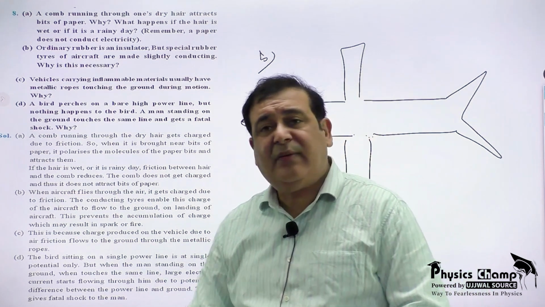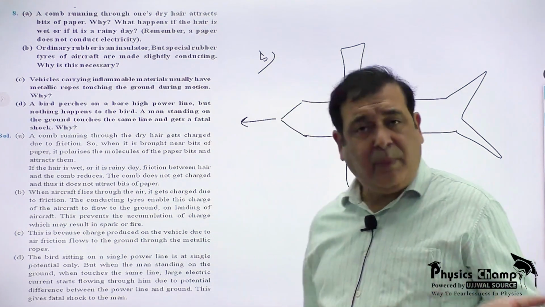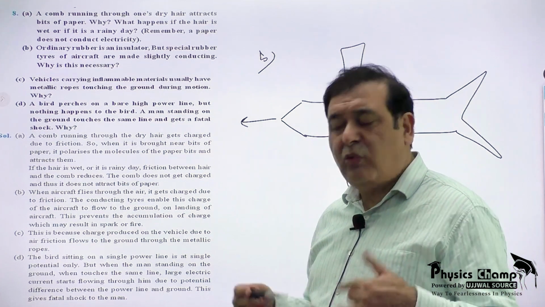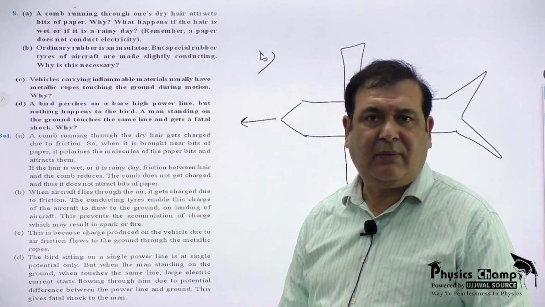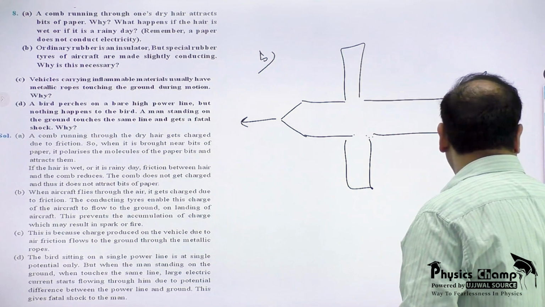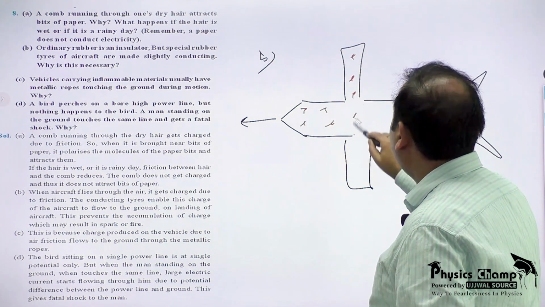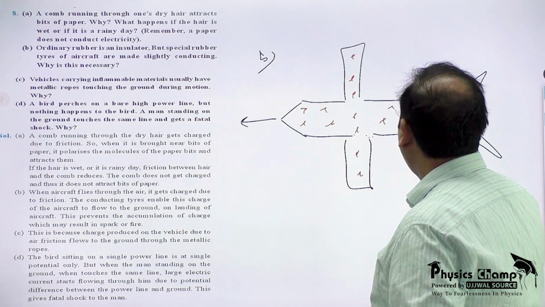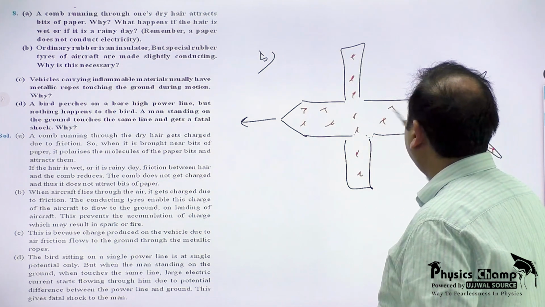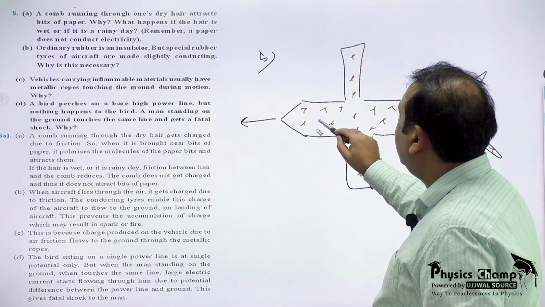But the fact is that on an aeroplane, there is so much friction with the air, with the atmosphere, that a huge amount of charge develops everywhere on the plane.